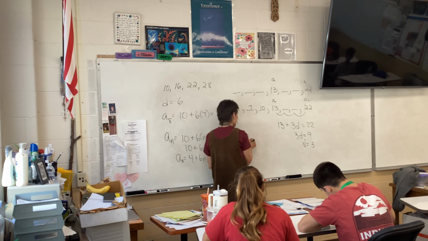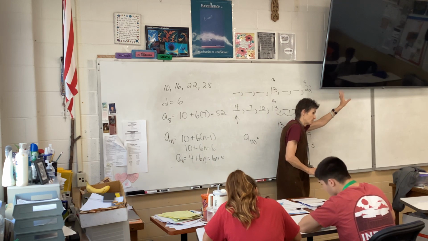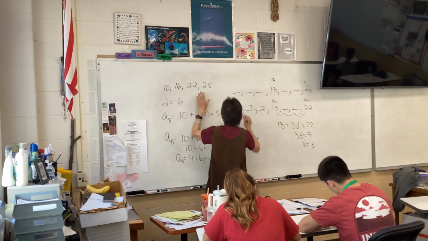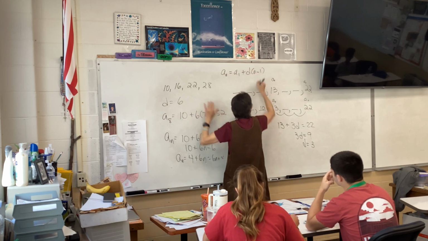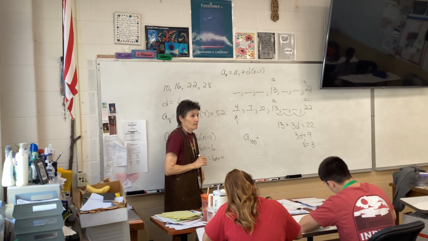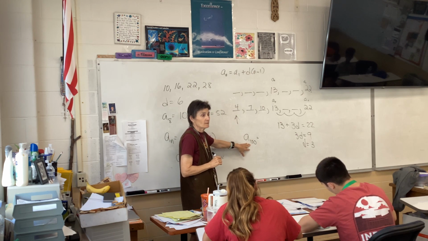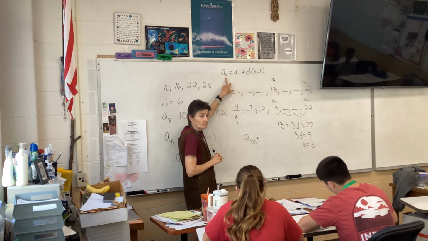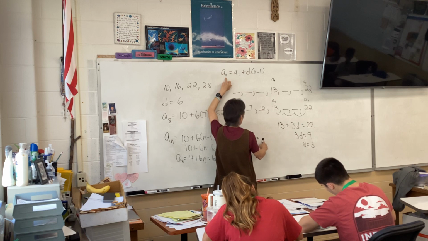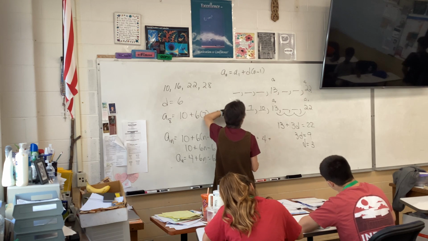Then I want the 100th term. Well, I do not want to do that. I'm going to use my formula. Whoop, I erased it. Every time I'm dealing arithmetic, I'm thinking about that formula. So if I want a sub 100, n is going to be 100. Do I know a sub 1? I do. I figured it out. It's 4. Do I know D?